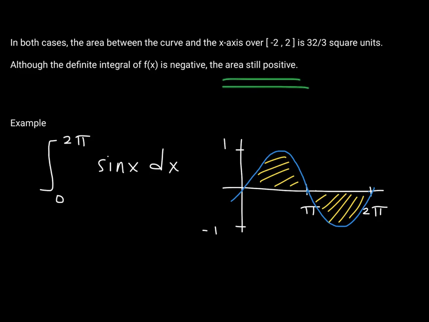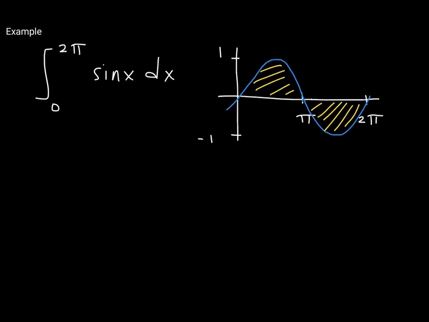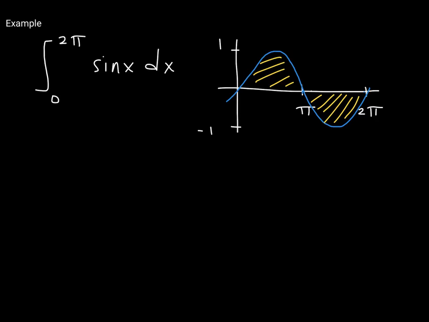Let's evaluate this integral. What we need is an antiderivative for sine of x, and that is negative cosine of x, right? So remember, you want an antiderivative, and negative cosine of x is an antiderivative for sine. So this is evaluated at our limits of integration.